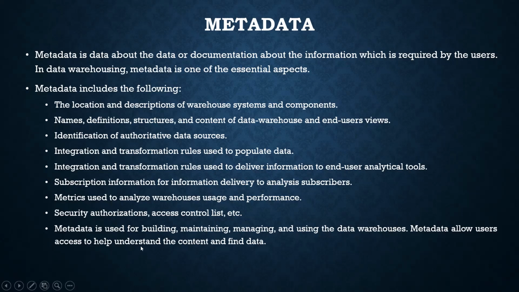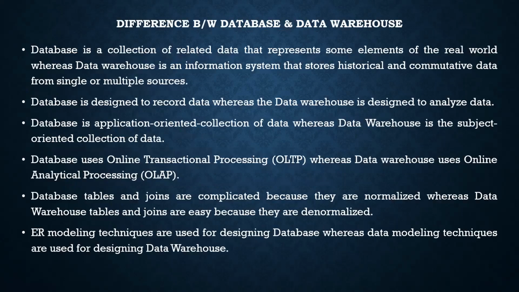Metadata allows users to understand the content and find the data. So how to build the data warehouse, how to maintain it, how to manage it, and how to use different data warehouses, that kind of information will be stored in the metadata. Basically, the main usage is to help the user access the data. That is the actual information about metadata.